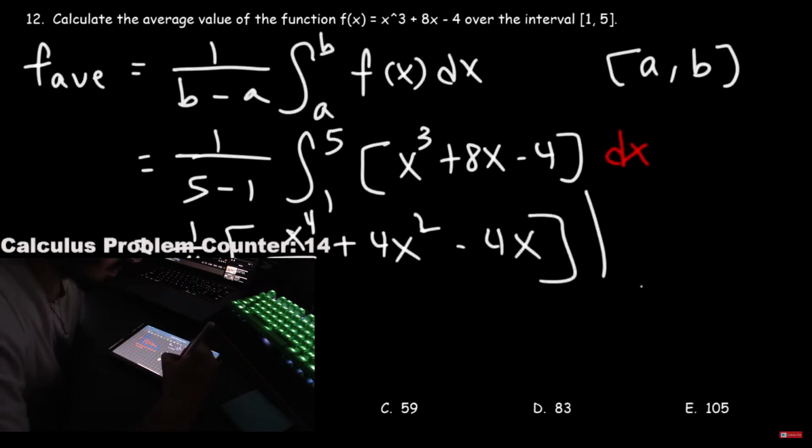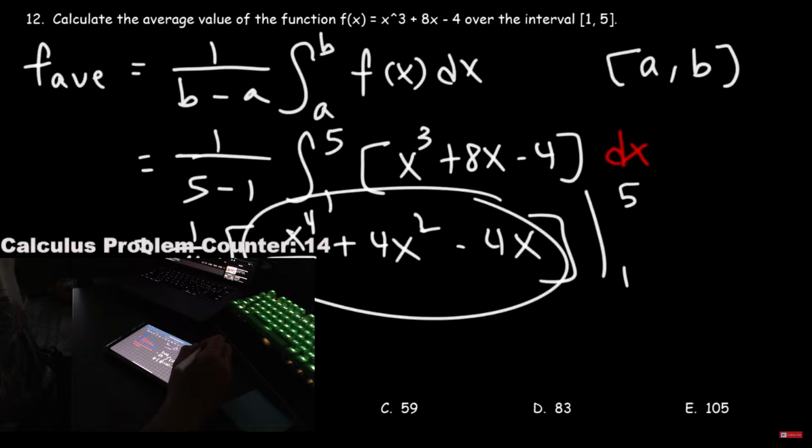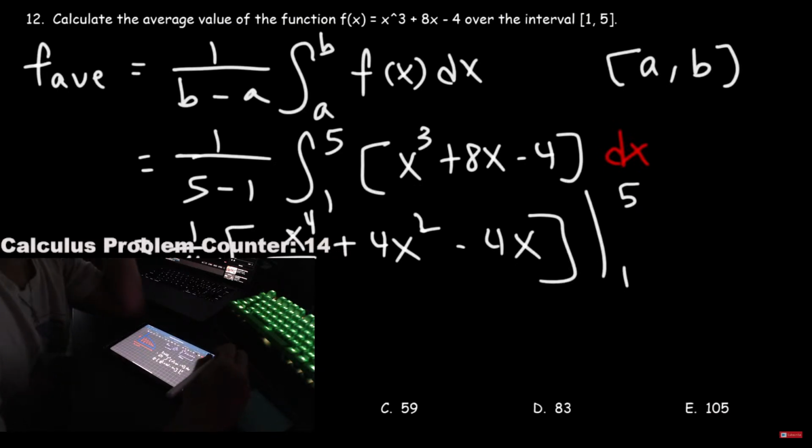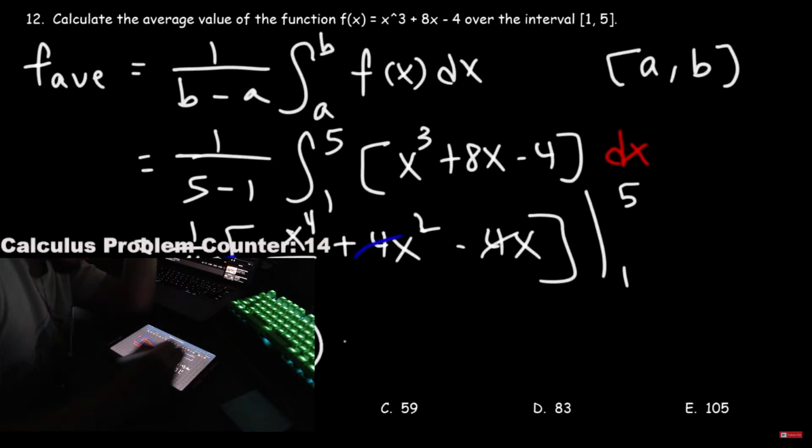Now we need to evaluate this from 1 to 5. Before we do so, it might be advantageous to distribute the 1/4 to everything inside the brackets. So it's 1 over 16 times x to the 4th, and then these 4's cancel, so plus x squared, and these 4's cancel as well, so minus x, evaluated from 1 to 5.